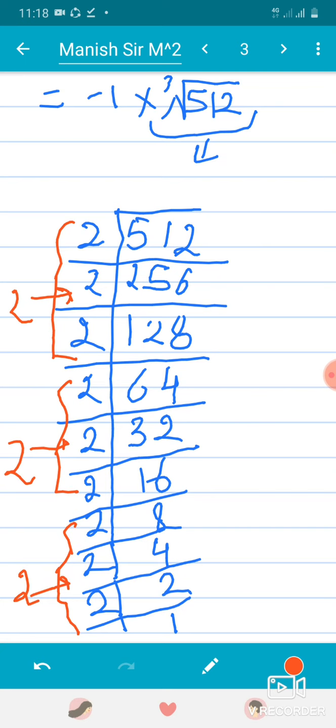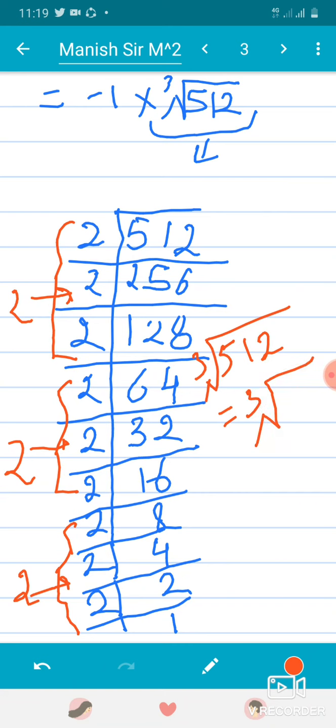It means 512 can be written as 2 to the power 9, so the cube root of 512 is the cube root of 2 to the power 9.